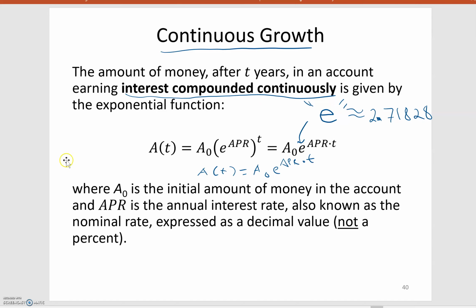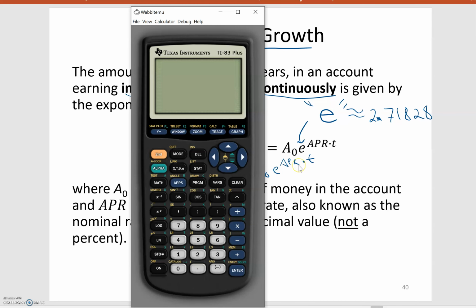The other thing I'll mention is that when you're actually working with this, you do not need to type e in every time because your calculator has a button right here. You see where it says ln. We're going to use ln itself, but we're also going to use second ln, and that's e to whatever.